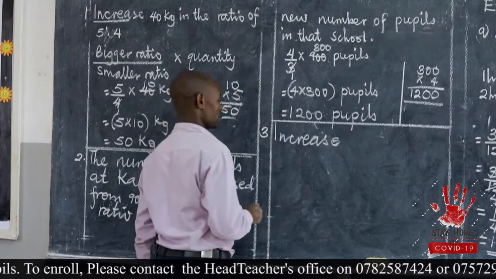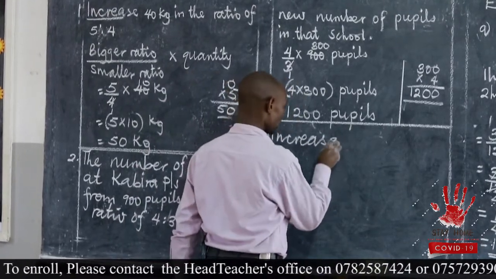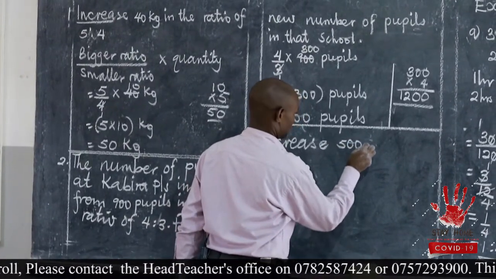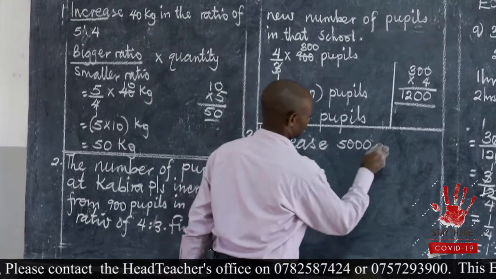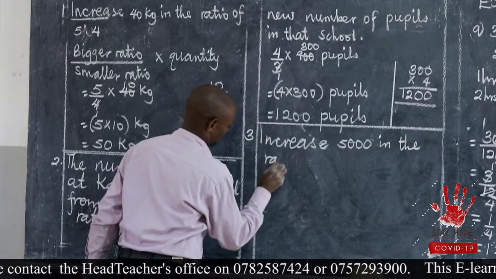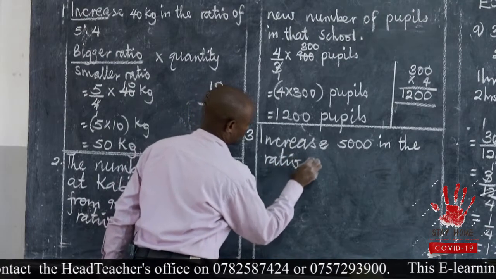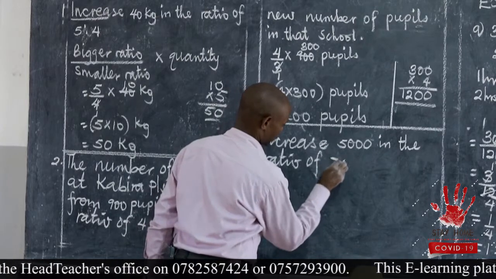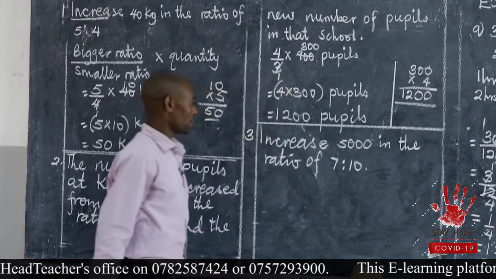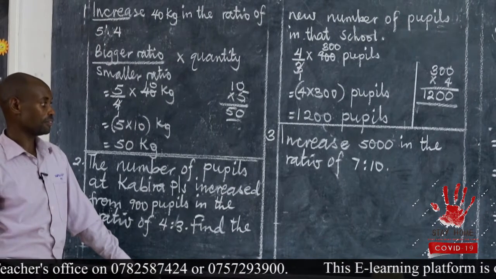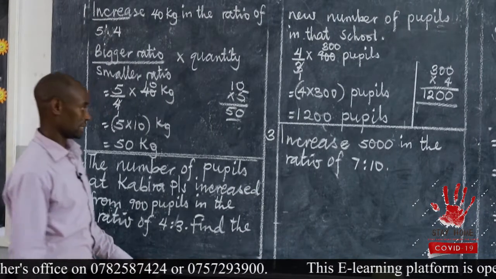And what are we increasing? We are increasing 5,000 in the ratio of 7 to 10.